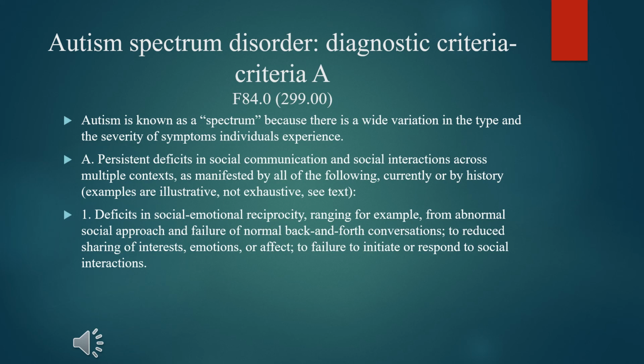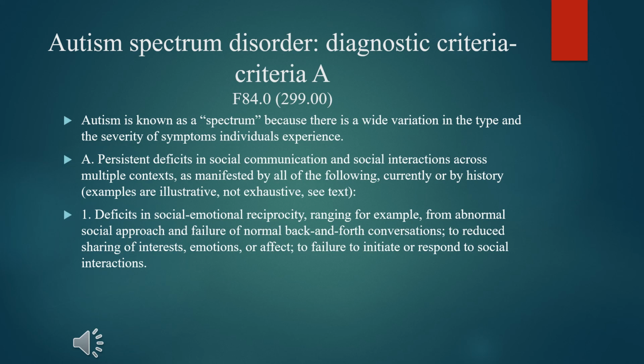Autism spectrum disorder diagnostic criteria. Autism is known as a spectrum because there is a wide variation in the type and severity of the symptoms individuals experience. A. Persistent deficits in social communication and social interactions across multiple contexts, as manifested by all of the following, currently or historically.